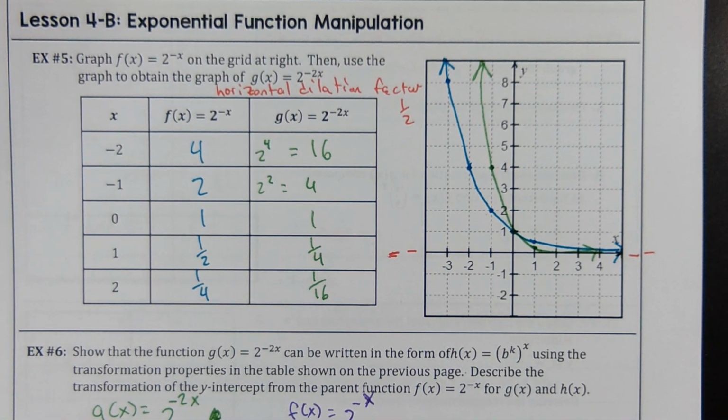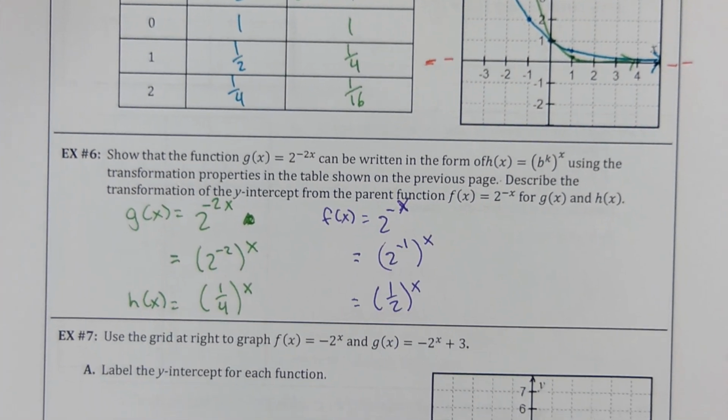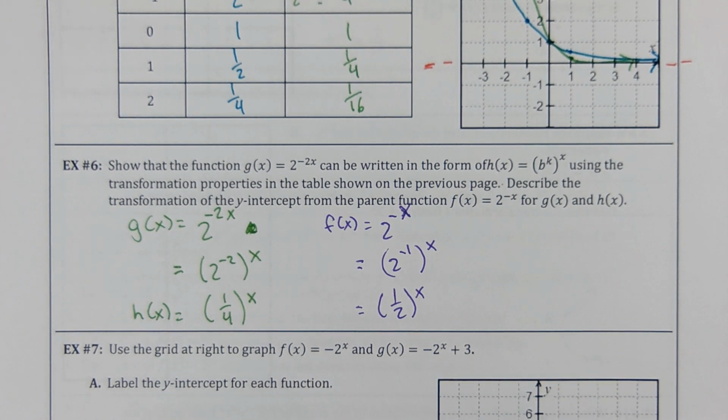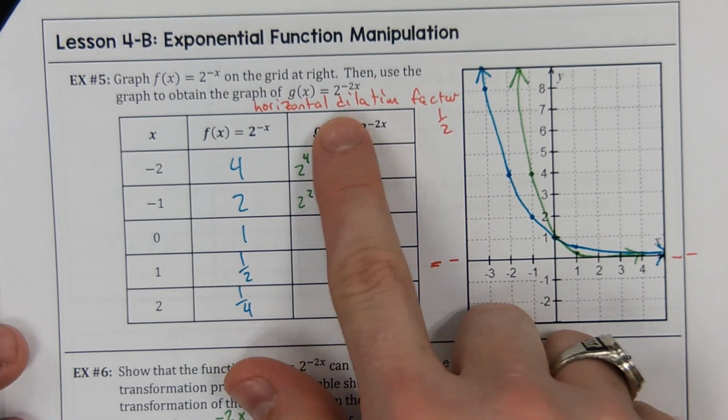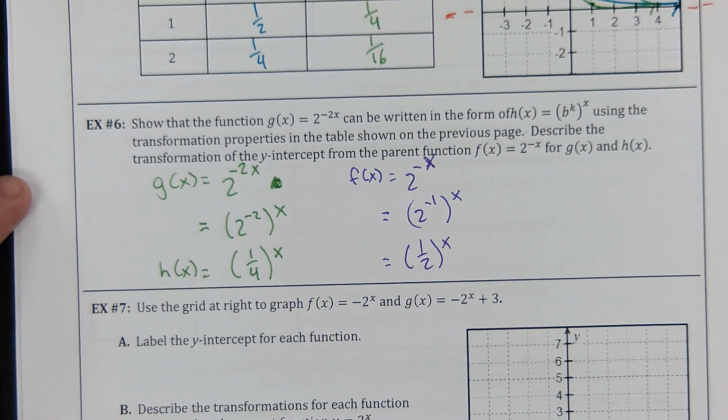Multiplication in the exponent position could be described as a horizontal dilation, or it could literally be you changing the base. So changing the base is a horizontal dilation of some sort. That's neat. And we've already described it. It's the horizontal dilation factor 1/2.